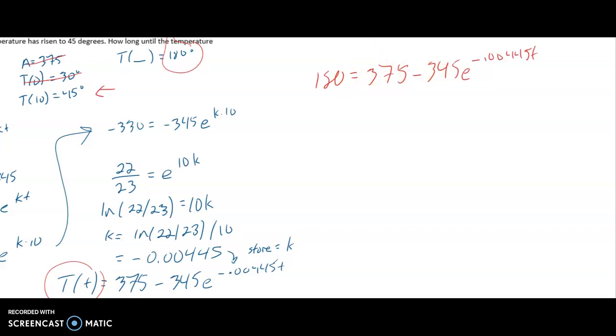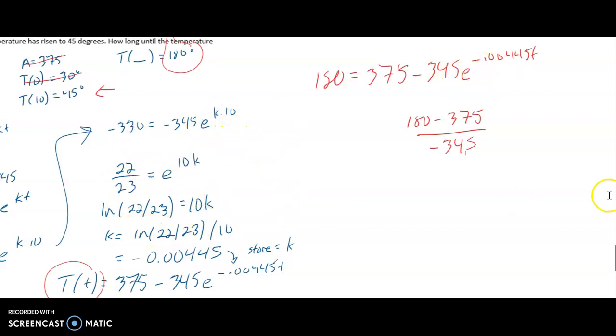So what are we going to do? We are going to do 180, we're going to subtract 375. All right, so I've gotten rid of this piece. The next step is to divide by negative 345. Then I'm at my e to the. It's the same structure as what we just did right here.